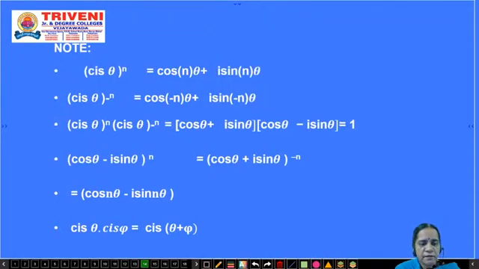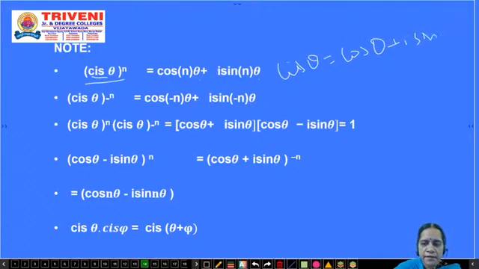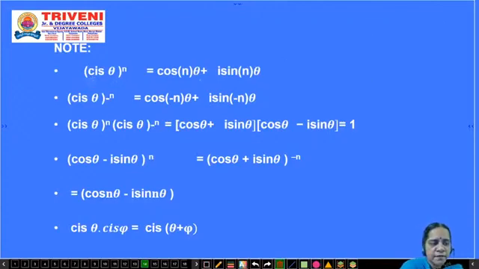Next, some formulas are there in this one. Cis theta whole power n. Cis theta means cos theta plus i sin theta, so (cis theta) whole power n is cos n theta plus i sin n theta.